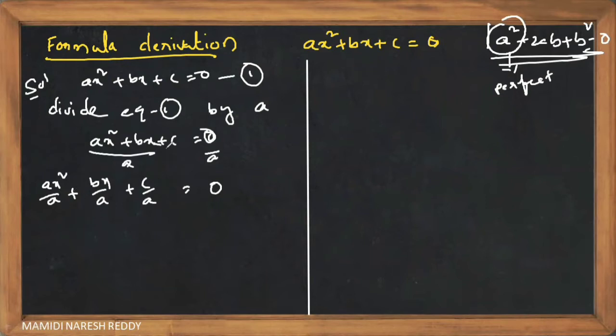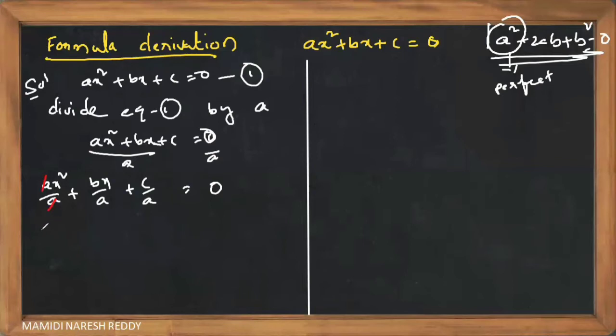Any doubt, children? Does anybody have a doubt here? Yes, wonderful. So now, children, we can cancel this a and this a.